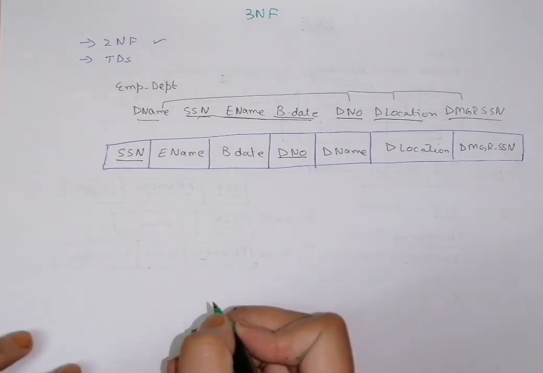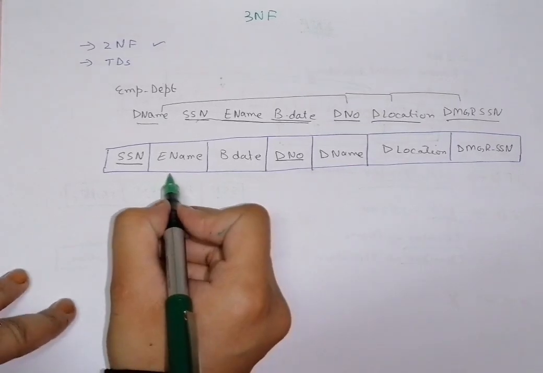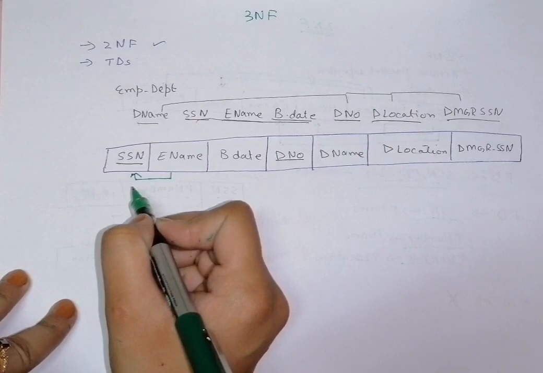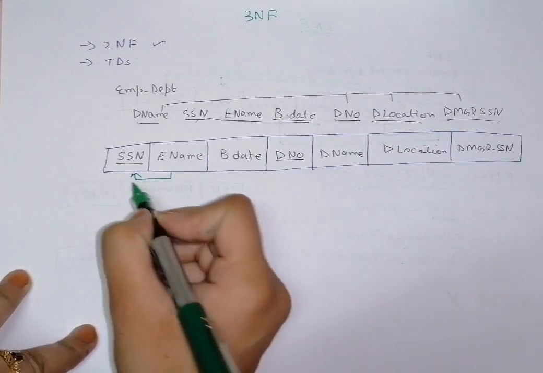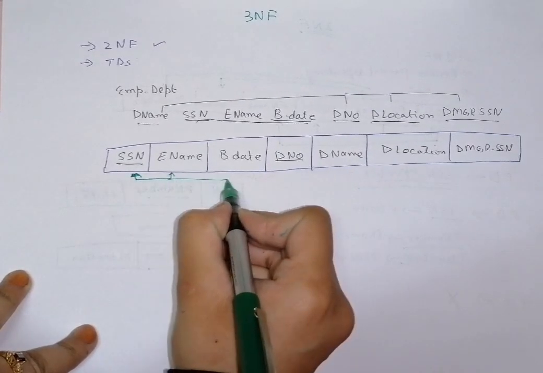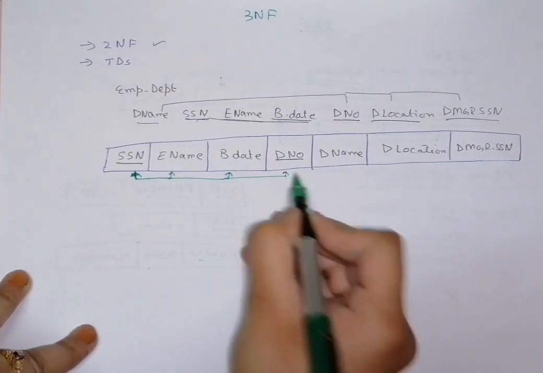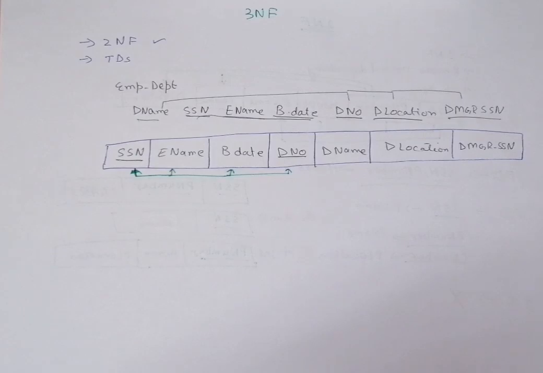Here you can see that employee name depends on SSN for unique existence. Similarly, birth date also depends on SSN for unique existence, and you can also identify D number from SSN.